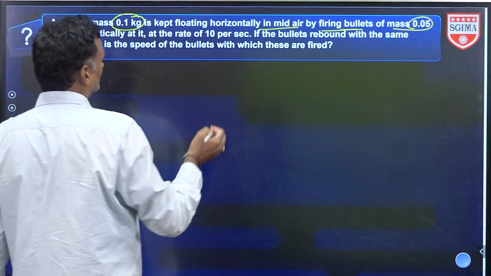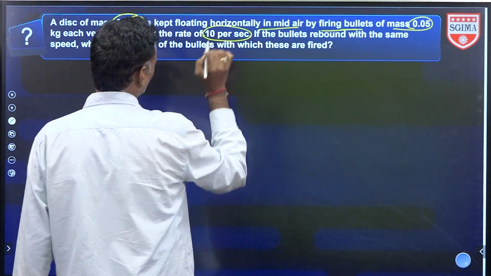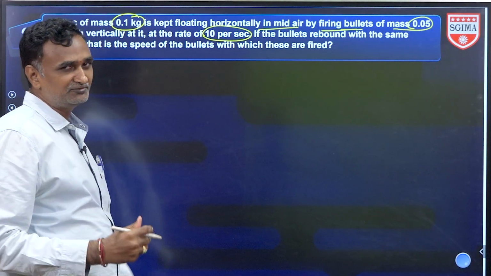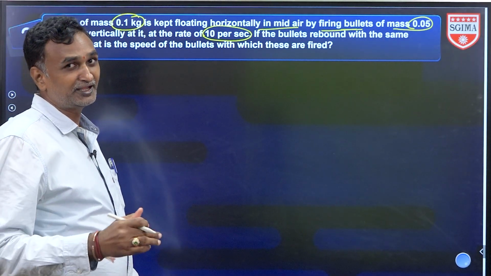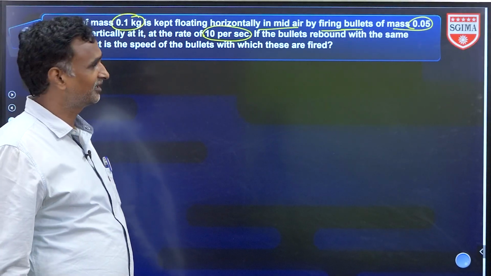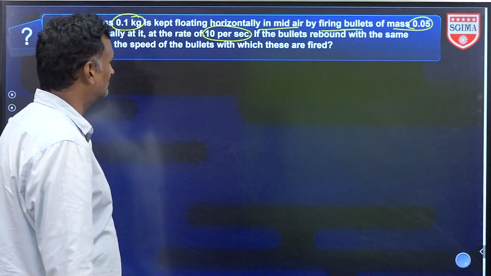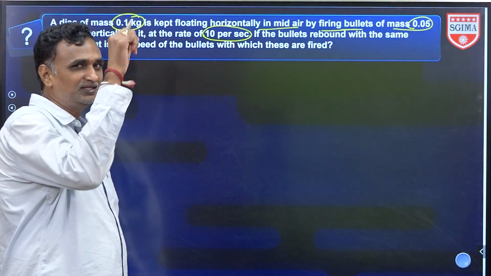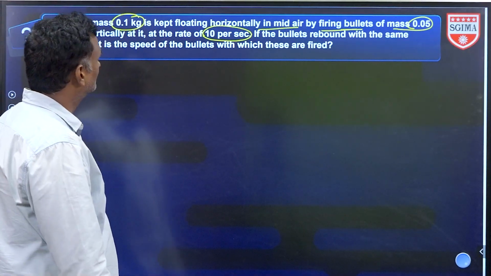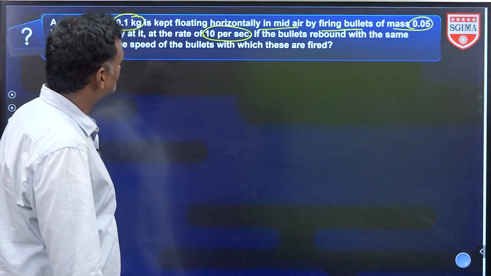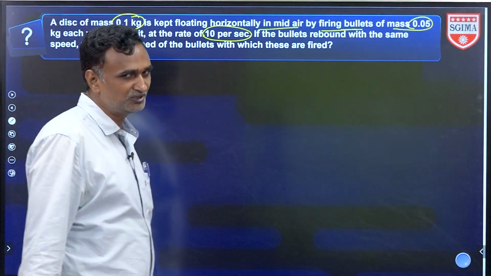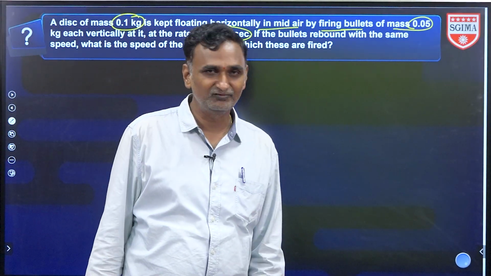The rate of bullets is 10 per second, meaning 10 bullets are fired per second. If the bullets rebound with the same speed, meaning after hitting the plate they come out with the same speed with which they are fired, what velocity are the bullets fired with?